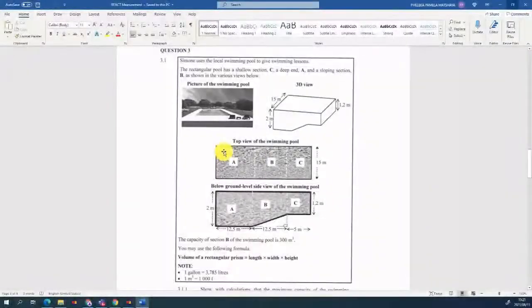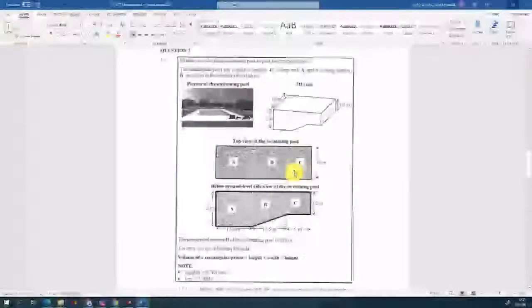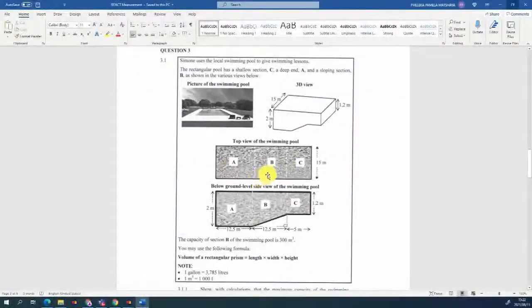The pool has a shallow section C and a deep end A, and a sloping section as B, as shown in the various views. So this is the top view, and this is the underground view, how it looks from the side, right?